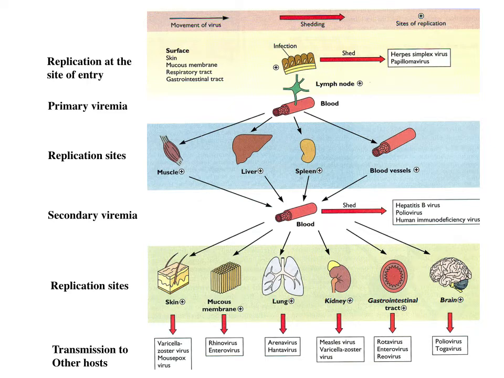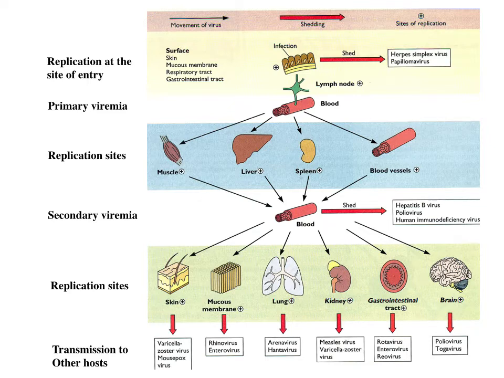Again, this can be the skin, the mucous membrane, the respiratory tract, and you get infection. So with some viruses, the virus remains localized. Remember, we talked about that. So herpes simplex virus, papillomaviruses, they tend to be shed from the surface where they entered.